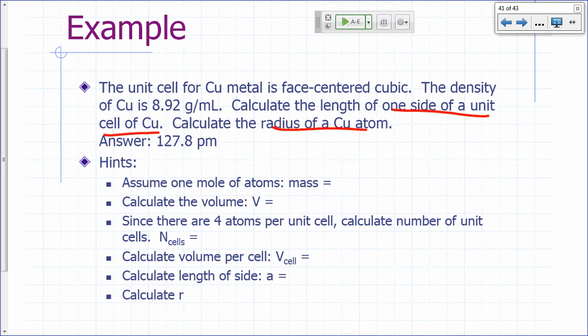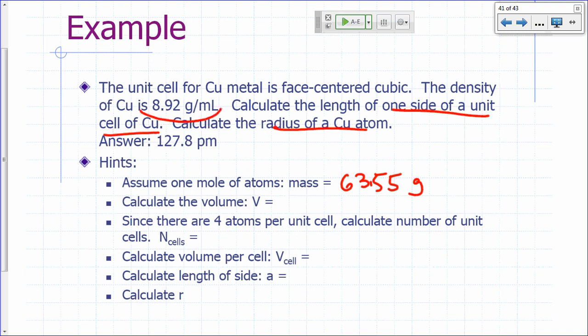So how are we going to do this? Let's assume you have a mole of atoms. What's the mass of 1 mole of copper? Molar mass of copper, you look it up. 63.55 grams. Okay. What would be the volume of a mole of copper then?